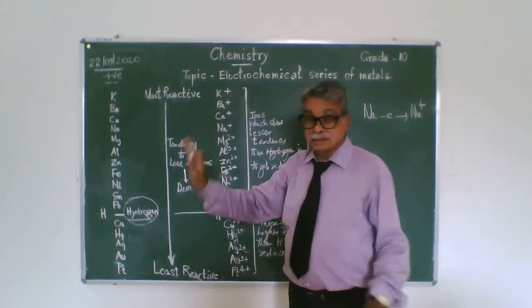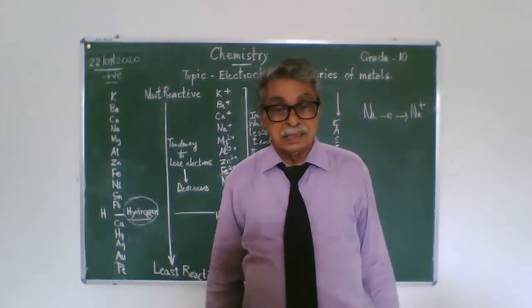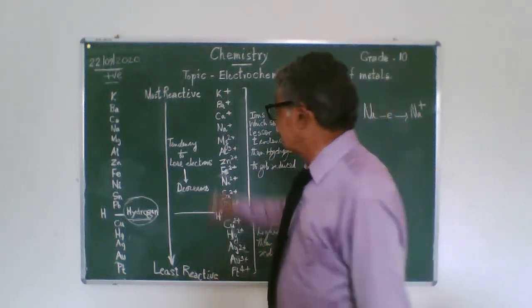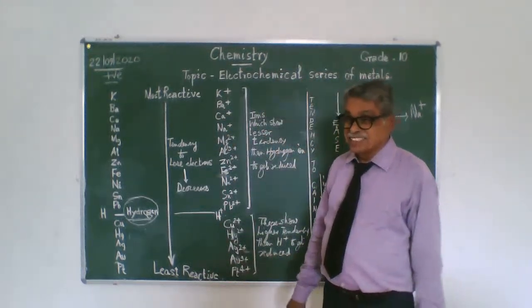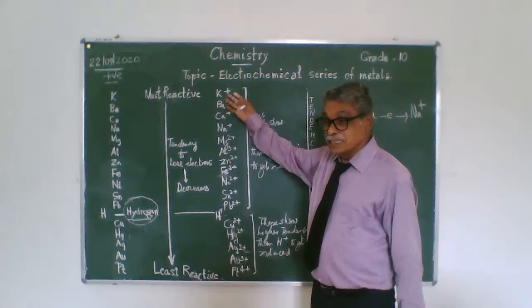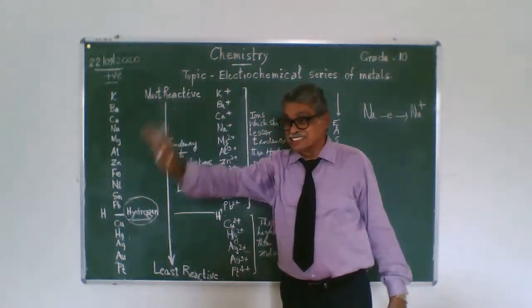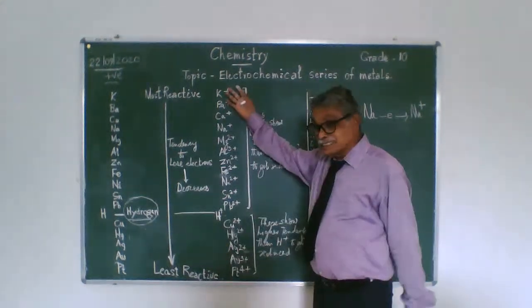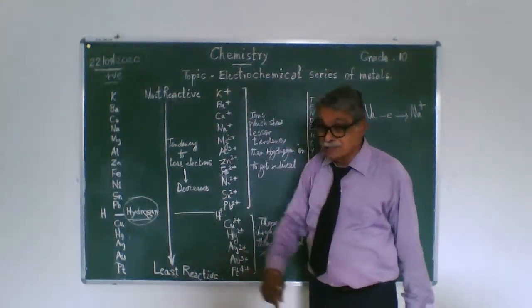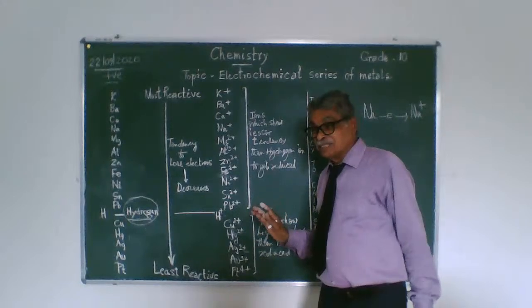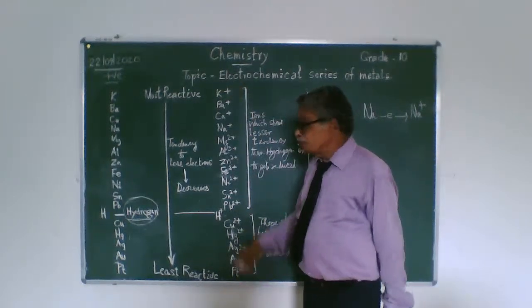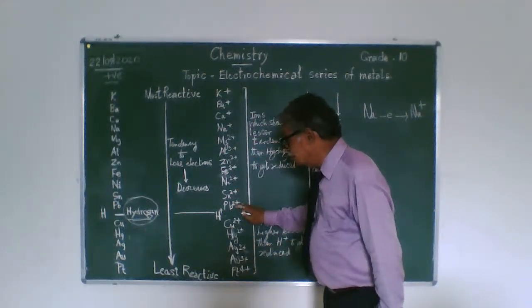Potassium, barium, etc., refuse to get reduced because they are themselves reducing agents. Any time potassium is willing to change into K plus and give an electron, so they will not get reduced so easily. They will get oxidized, but they will not get reduced easily. So none of these get reduced easily.